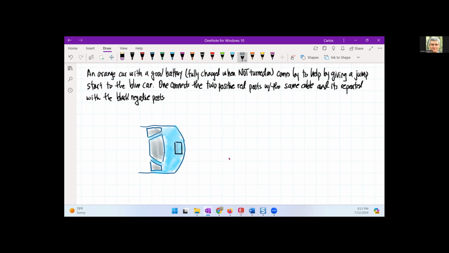And this battery has two posts. It has a positive post, and it has a negative post. So we're saying that this is the bad battery, which has 12.3 volts. It's just over 50% discharged. So if I talk about, I mean, color's arbitrary. I could have picked a purple car, but let's say that I now have the same type of thing here where now I have my orange car.